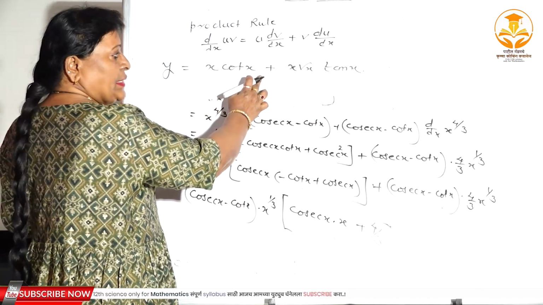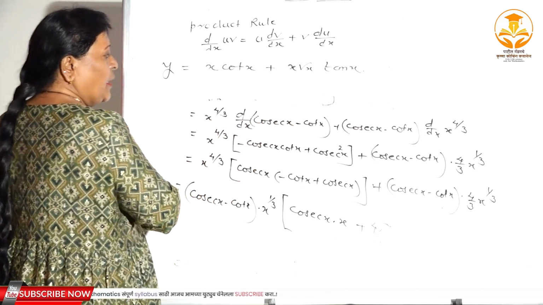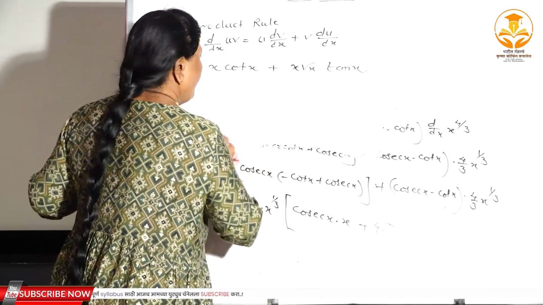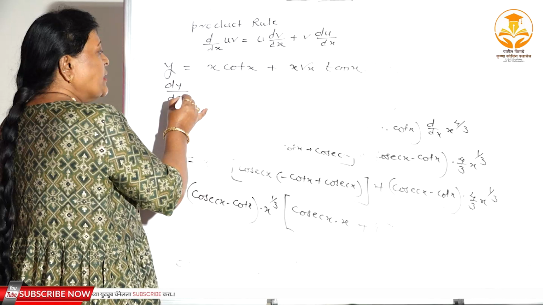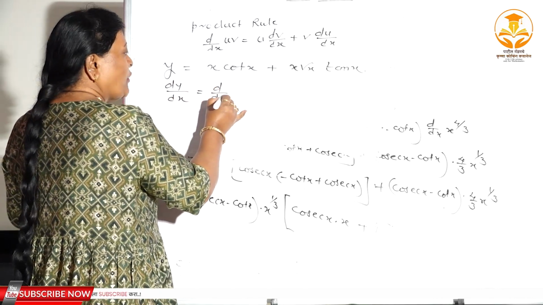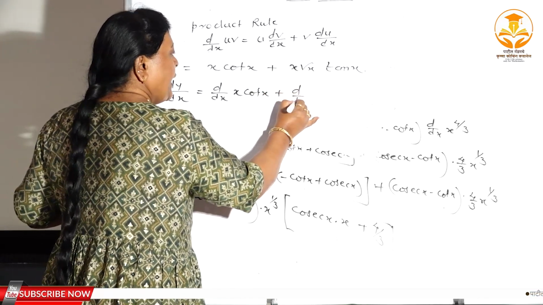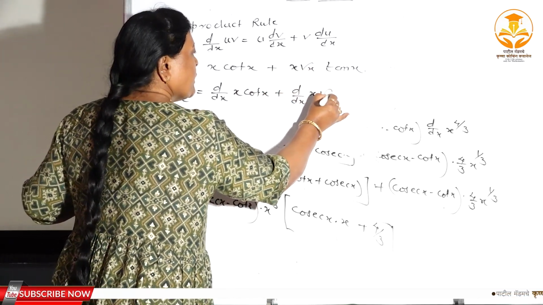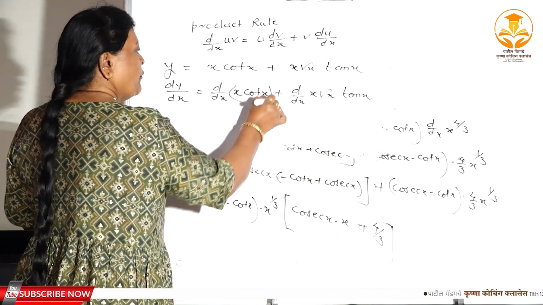Now though this is the addition, here there is a multiplication, here also there is a multiplication. See what you have to do. Again dy by dx is nothing but d/dx of x into cot x plus d/dx of x root x into tan x. Right? Now before that, what you have to do?